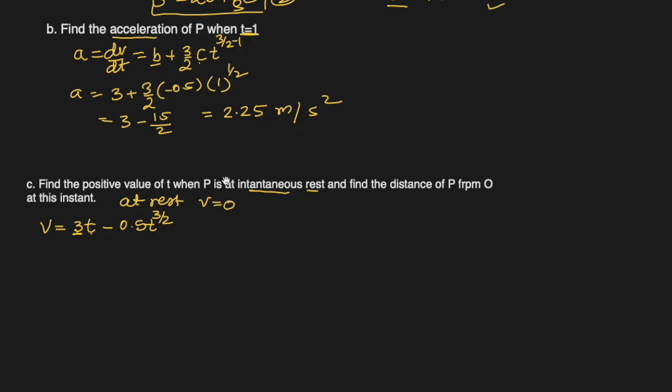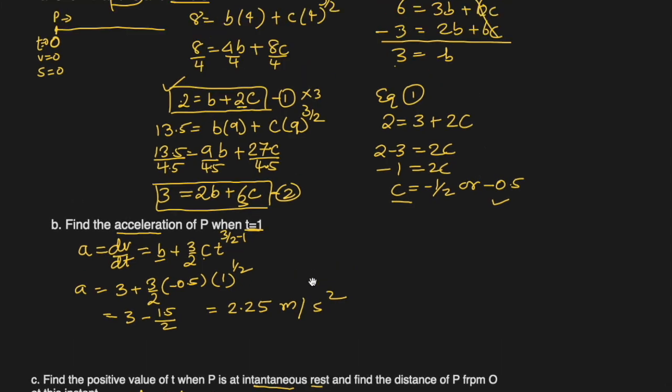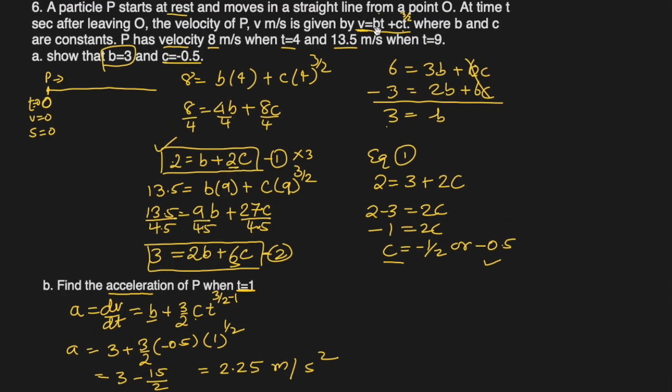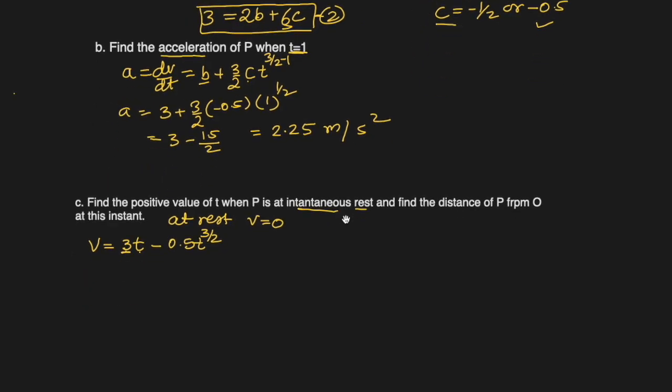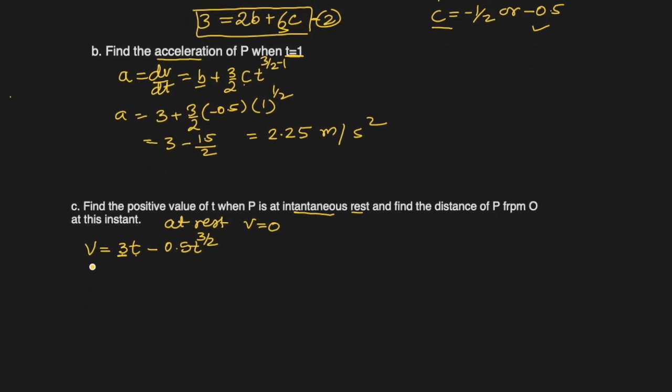Let me confirm. Yes, so b and c I have substituted. So 3 over 2, yeah, 3 over 2 is the right power. Okay, so they said it is at instantaneous rest. That means velocity is 0, equal to 3t minus 0.5 t to the power 3 over 2.